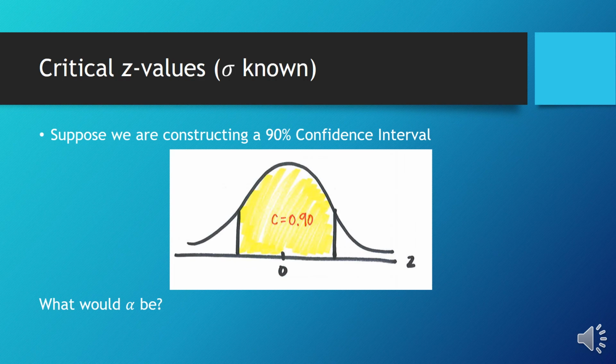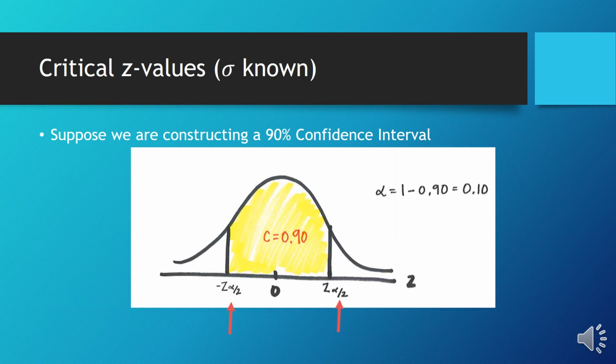So what would alpha be here? As we talked about a few slides back, we can find alpha by just saying 1 minus C. So 1 minus C would be 1 minus 0.90, so alpha would be 0.10. Now, we're going to use the fact that we know what alpha is to now compute these critical z values.